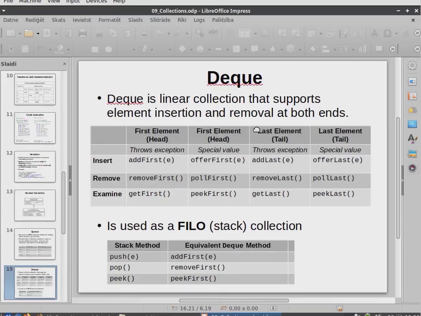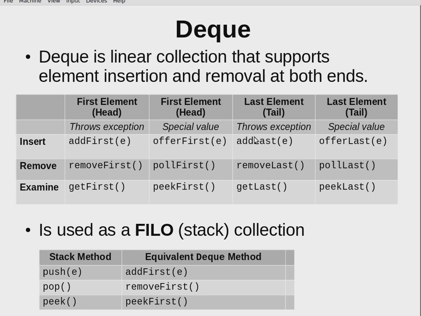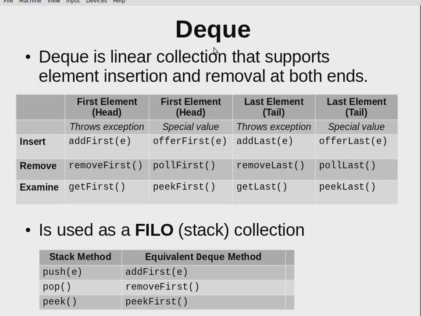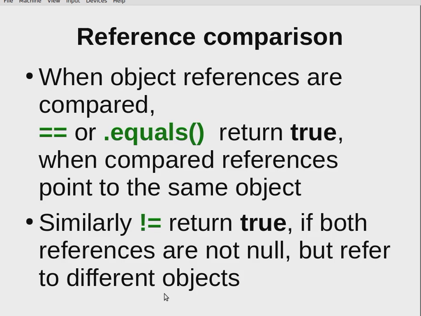And if you need to implement this buffer or stack in Java, you use a queue for a buffer, and for a stack a double-ended queue, because the Java designers decided to extend this buffer so that you can add and remove elements from both ends. And of course, if you want to implement a stack, you just use either the first end of this pipe or the other end.